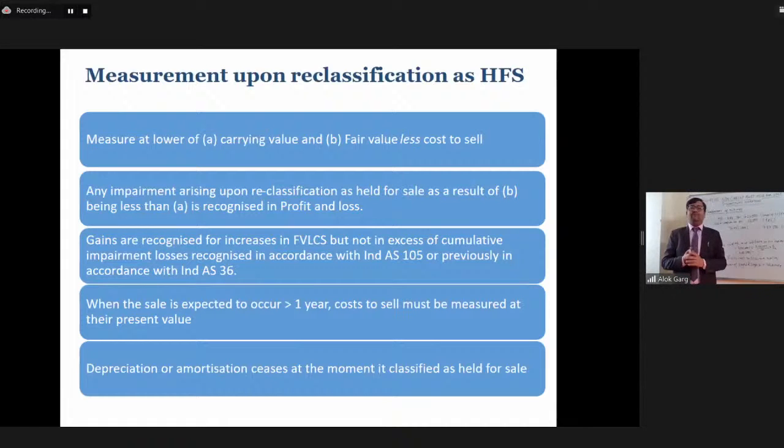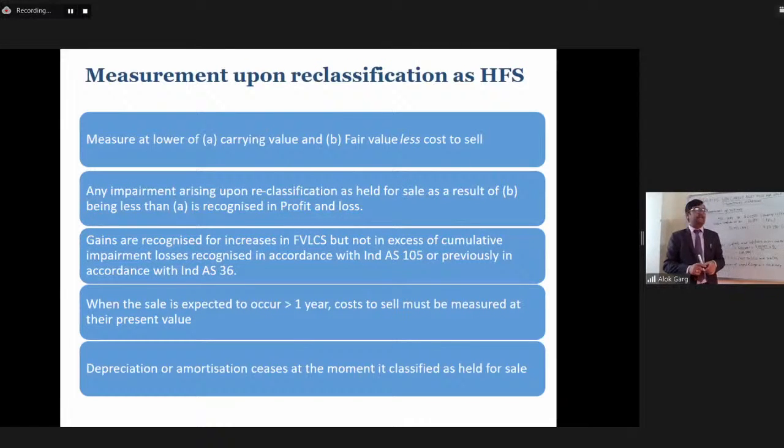If there is a gain, for example the fair value less cost to sell has increased. For example, on the reporting date the asset has not been sold, and on the reporting date this 425 becomes 5 lakh, so 75,000 rupees have been increased. In this case, the standard says that to the extent of whatever we have debited in the past on account of impairment, only to that extent can the impairment be reversed, or the increase be recognized.